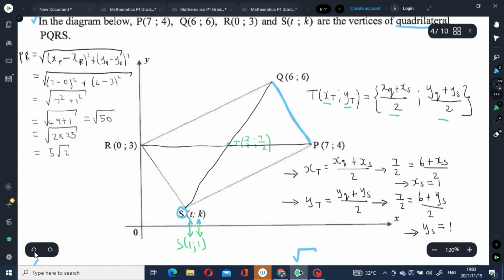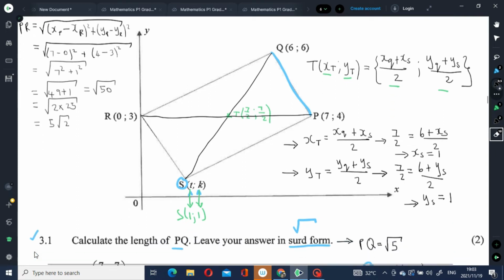I think we also leave it in the radical form. Let's just work with surds, right? So that's the distance of PR.